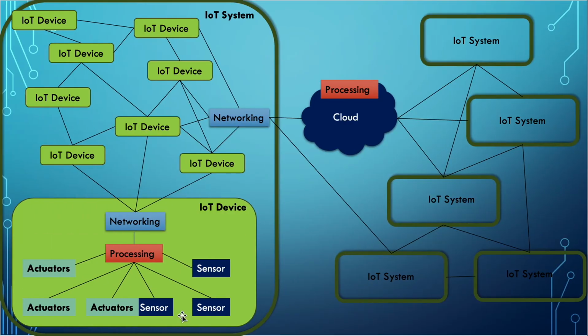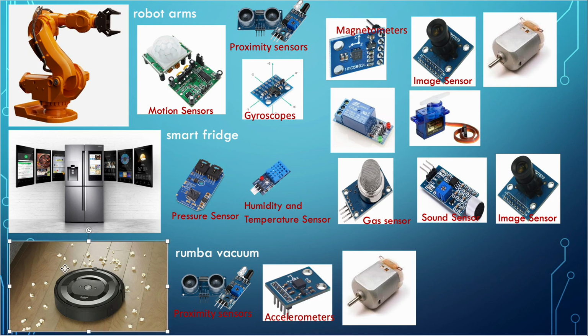So what we are seeing here is a similar scenario. If you take a Roomba vacuum, you will have sensors, accelerometers or proximity sensors. Then you have a set of actuators, servo motors or motors to move around.